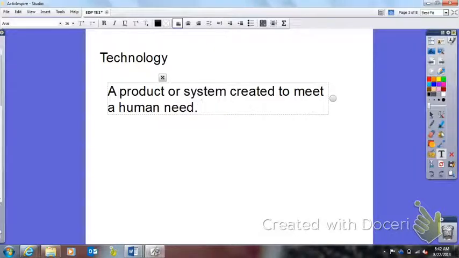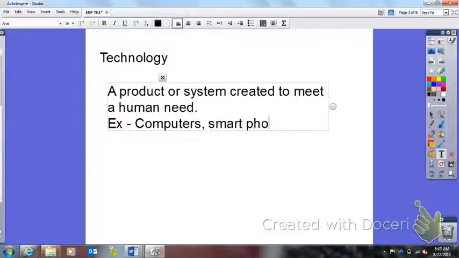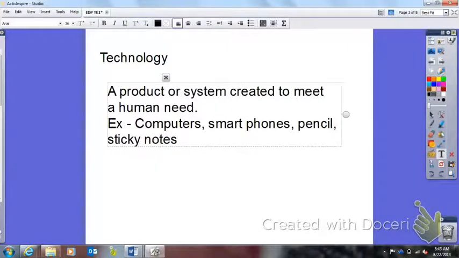Okay, often we think of technology as being just computers, okay, smartphones, okay, but also a pencil is a technology, even let's say sticky notes, okay. So any product or system that is created to meet a human need is actually defined as technology. All right.